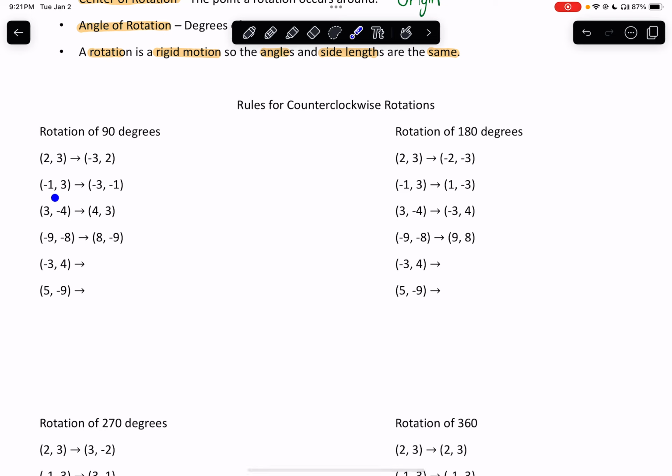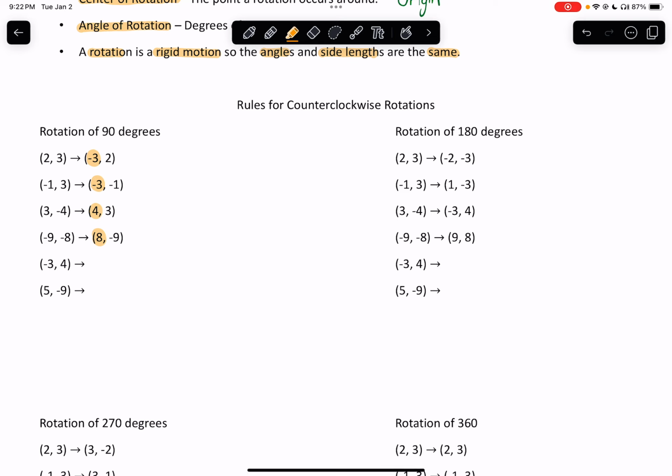And then -1, 3 after a 90-degree counterclockwise rotation is -3, -1. And so what we should be able to notice through the first four examples that we have there is that our x and y coordinates are trading places. And then after we flip our x and our y coordinates, the new x coordinate is always going to end up changing signs.